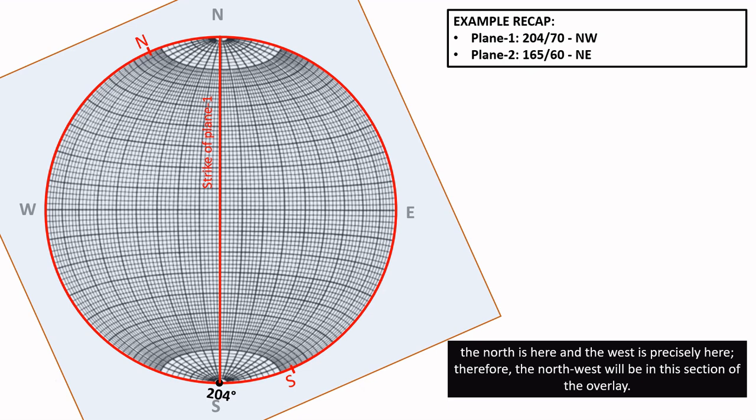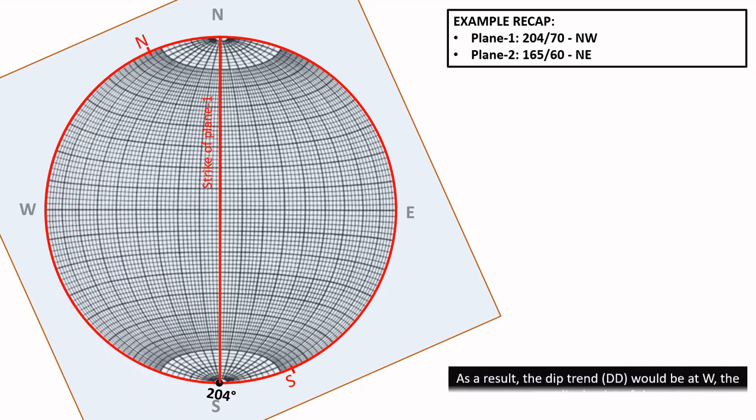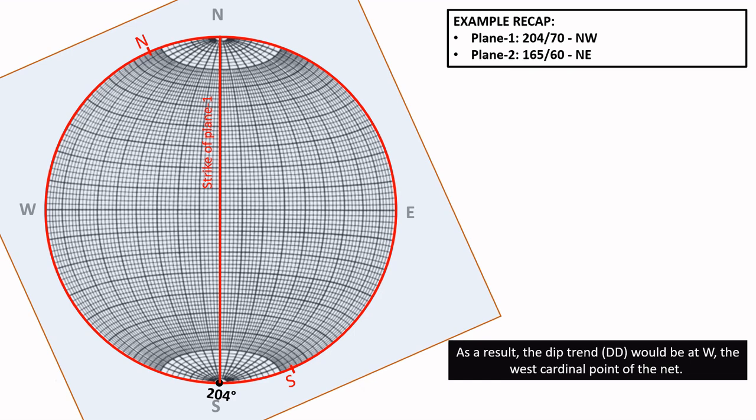By the question, the plane dips to the northwest. The north is here and the west is precisely here. Therefore, the northwest will be in this section of the overlay. As a result, the dip trend will be at W, the west coordinate point of the net.